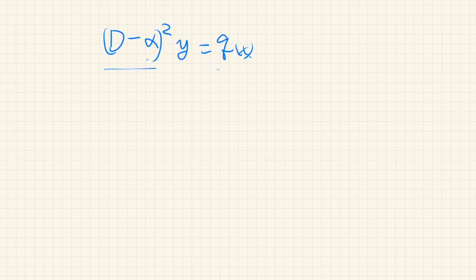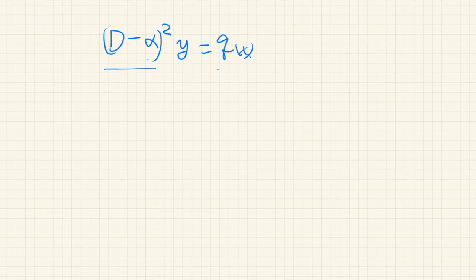All right, finally, let's consider the differential equation of this form: D minus alpha squared y equal to q of x. So this alpha is a redundant solution of this quadratic form. In the case of the homogeneous equations, we had some special formula for this kind of differential equation.